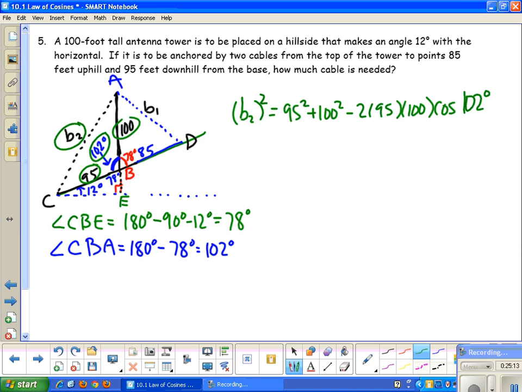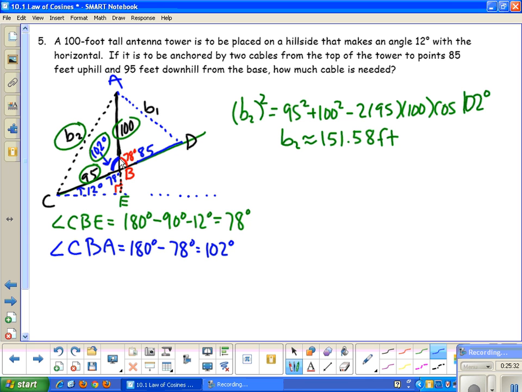So if you plug this into your calculator and solve, you end up with B2 being about equal to 151.58 feet, rounding to the nearest hundredth.